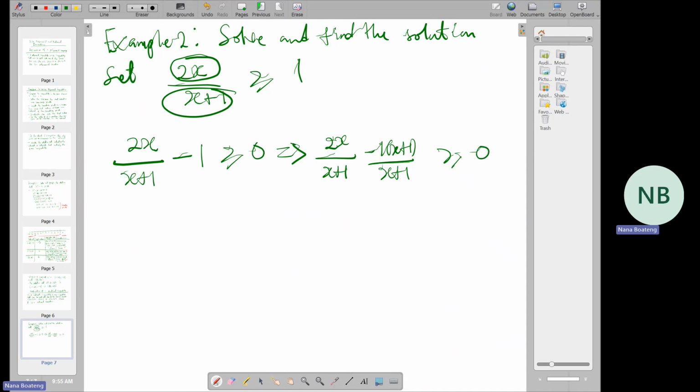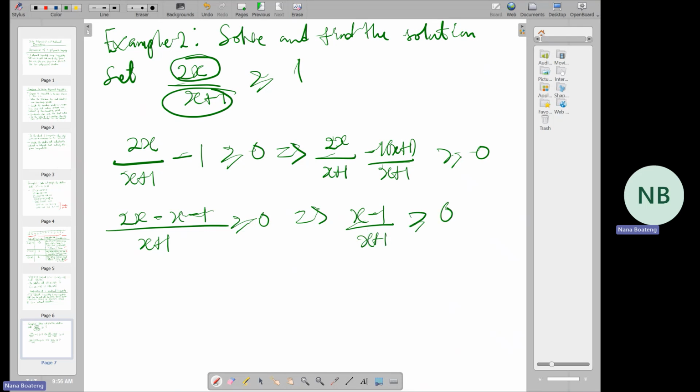So they all have the same denominator now. We have 2x minus x minus 1, distributing the negative, and this is greater than or equal to 0. So 2x minus x is x, and we get x minus 1 divided by x plus 1 is greater than or equal to 0.